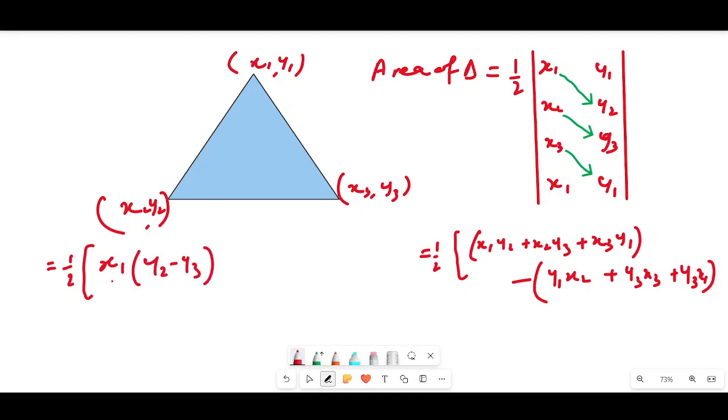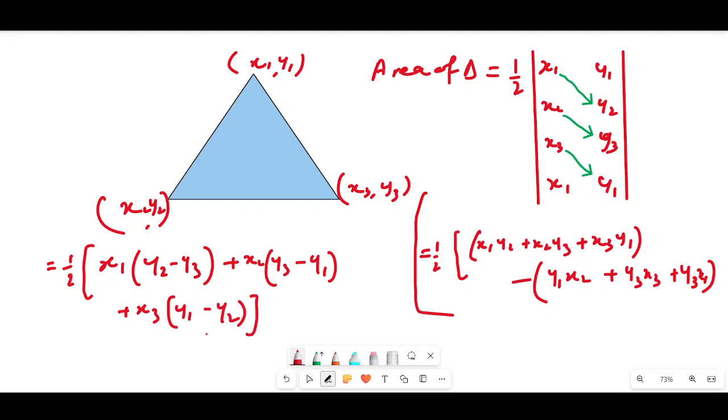Then increase in cyclic order: here it is x1, then we will write x2, y3 minus y1, then we will write x3, y1 minus y2. That is the area of the given triangle.